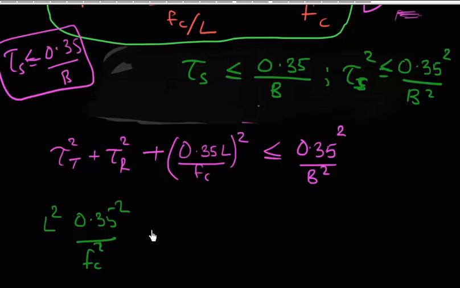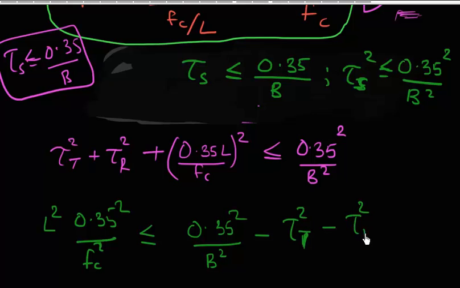And what do I do now? Less than or equal to all of this, 0.35 square over B square, minus TT, minus square root.